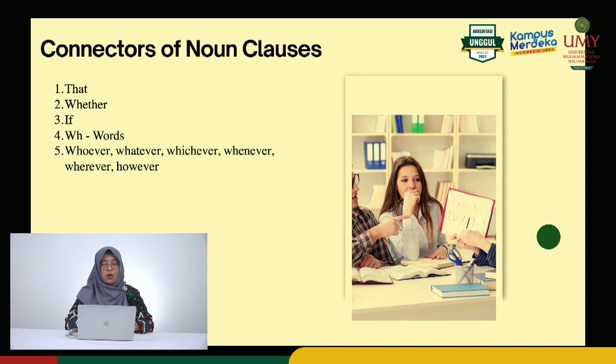So we use whether or if as the connector if the original clause is from an interrogative sentence. And we can also use WH words, or question words such as what, why, where, how. Something like, I know why you are angry. Why here is the connector. And the last one is whoever, whatever, whichever, whenever, wherever, and however. So those are the connectors of noun clause.